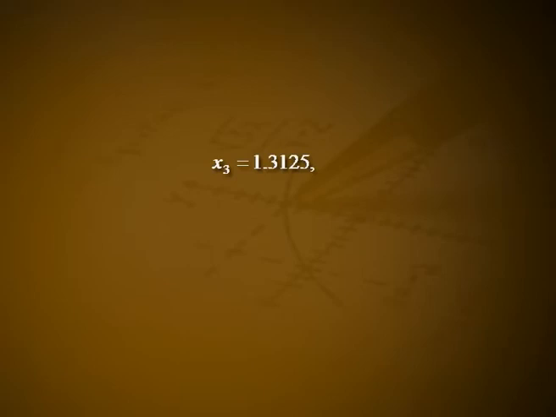The procedure is repeated and the successive approximations are x3 = 1.3125, x4 = 1.34375, x5 = 1.328125, etc.